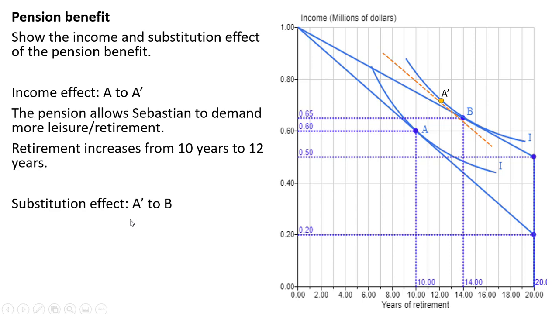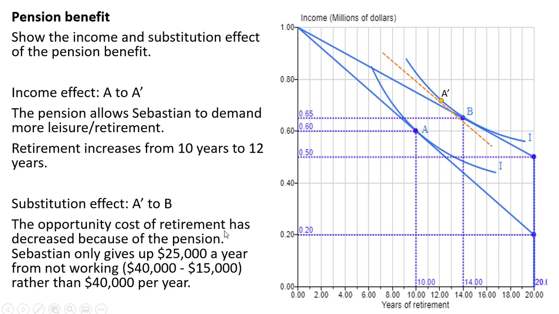In terms of the substitution effect of the pension benefit, that's going to be given by this movement from A prime to B. The opportunity cost of retirement has decreased because of the pension. Sebastian only gives up $25,000 a year from not working. So that's the $40,000 minus the $15,000 benefit. So he's really only sacrificing $25,000 a year from not working now.